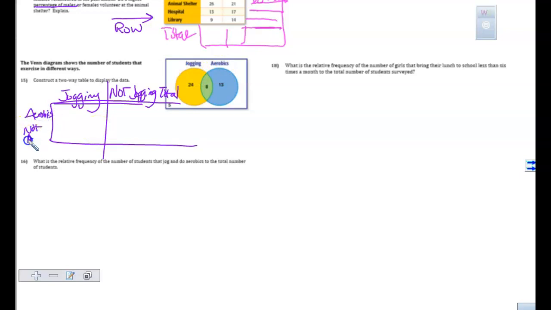And again, does it matter if I put the aerobics and non-aerobics on the top? Not at all. You could have them in either place. This 5 is the people who are not jogging and not doing aerobics. That goes here. And then you're going to fill in your other numbers.